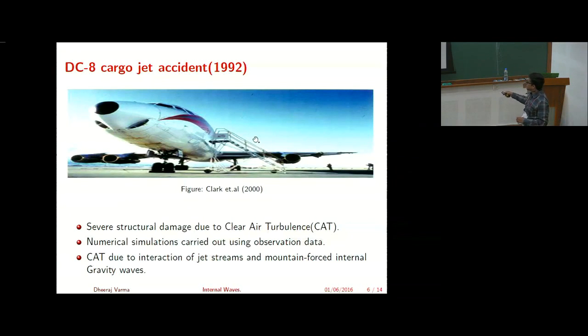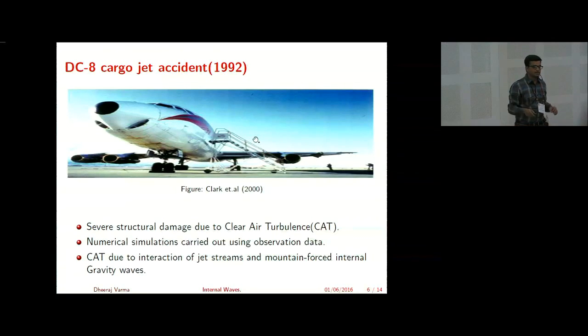Clark et al. did a numerical simulation, using both the observed data and a 3D domain with direct numerical simulation. They found the reason was clear air turbulence due to the interaction of jet streams and mountain-forced internal gravity waves.